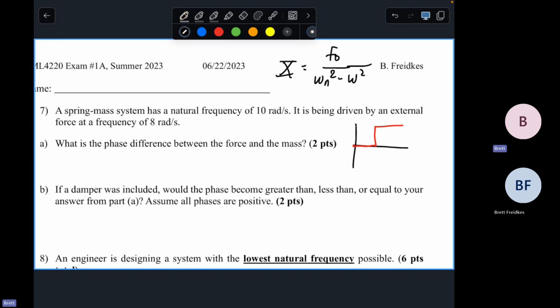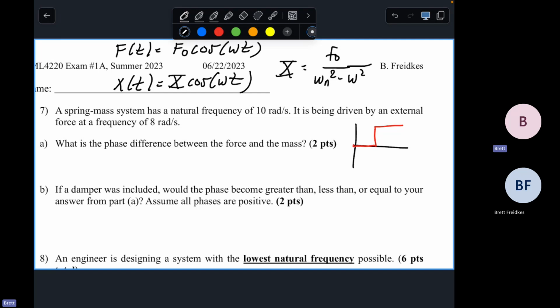Because remember, x of t is X cosine omega t. The force is F naught cosine omega t. If X is positive, which occurs when omega n is greater than omega, then this is just some cosine function that's in phase with this cosine function.